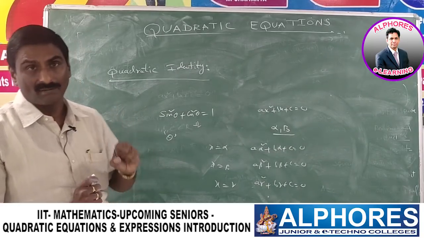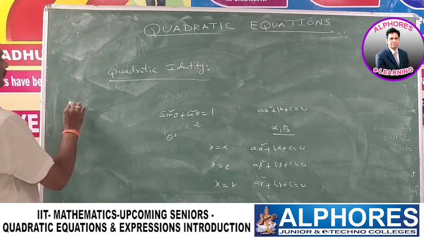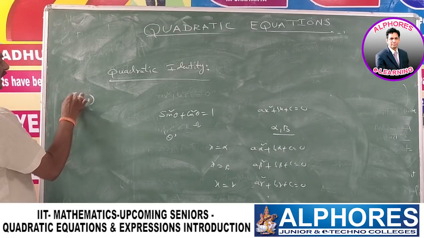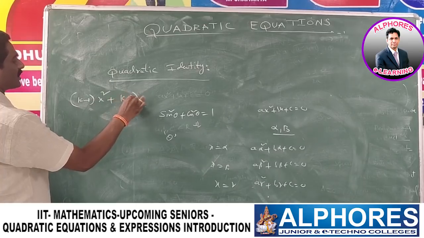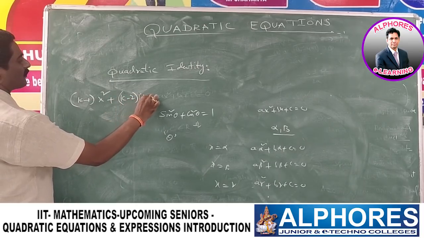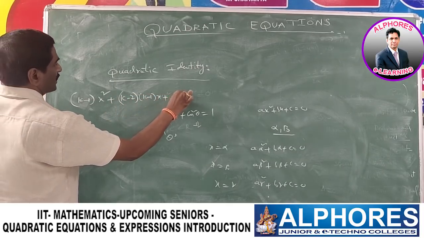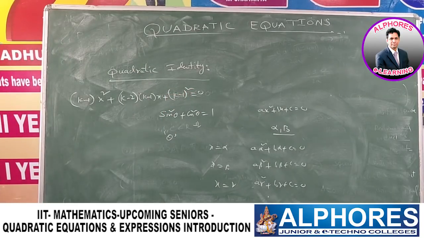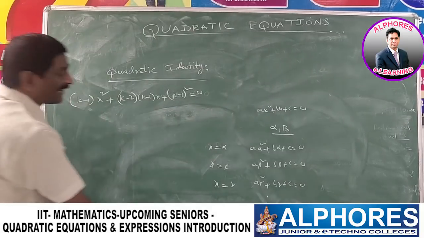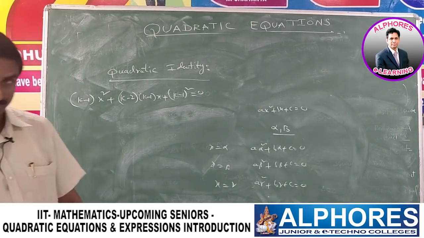Quadratic identity. Suppose k minus 1 into x square plus k minus 2 into k minus 1 into x plus k minus 1 whole square is equal to 0. It is one of the quadratic equations. Suppose it is a quadratic identity, then what is the value of k?